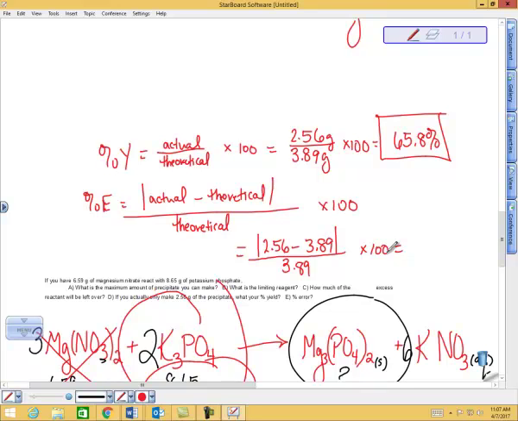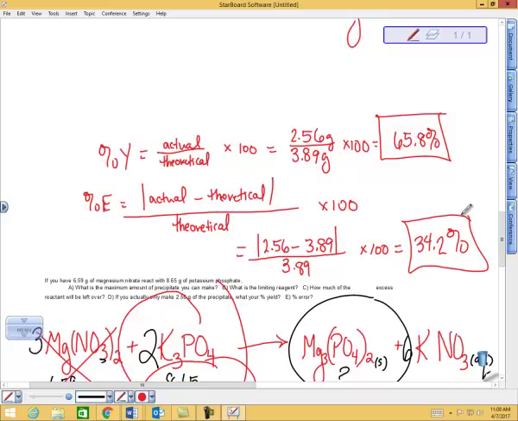So I'm going to take that numerator and then divide it by 3.89. If you round to 3 sig figs, I get 34.2%. So just make sure you're doing the math right on that one.